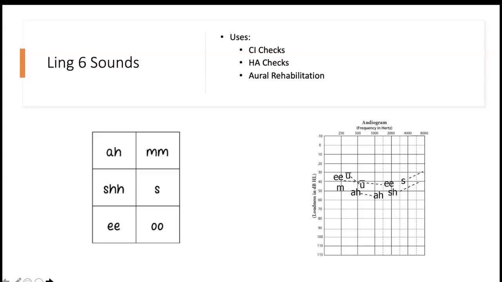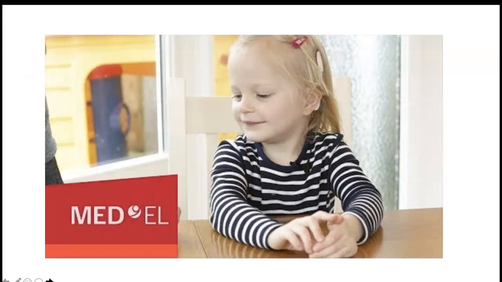And then U, which is a back vowel, and has a low F1, low F2, and then the F3 is a little bit higher. So go back and review these so you are familiar with the acoustics of these 6 sounds.